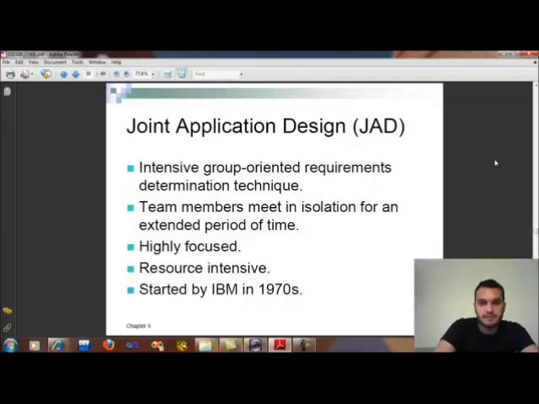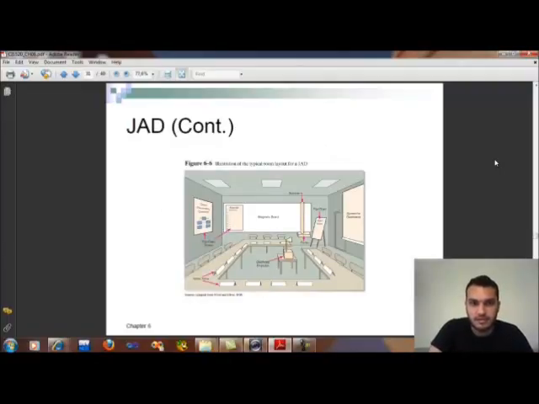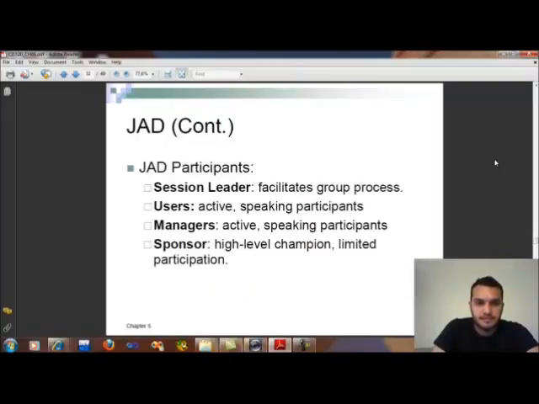It is highly focused and resource intensive, and was started by IBM in the 1970s. And here we can see the JAD organization, a typical room layout for a JAD.